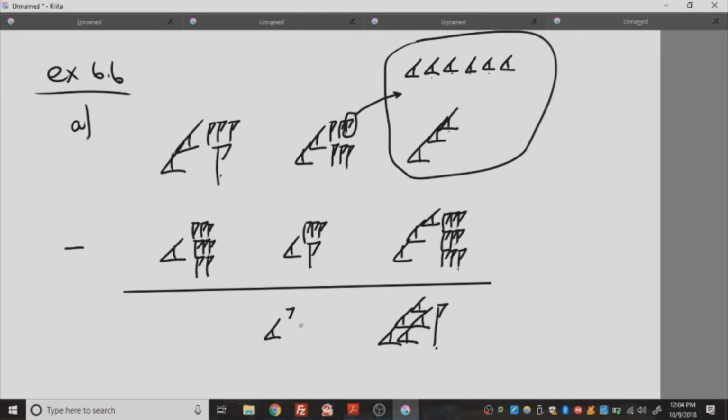I'm not lining my stuff up nicely. Then I have 24 minus 18. That is also perfectly fine. And a little 6.